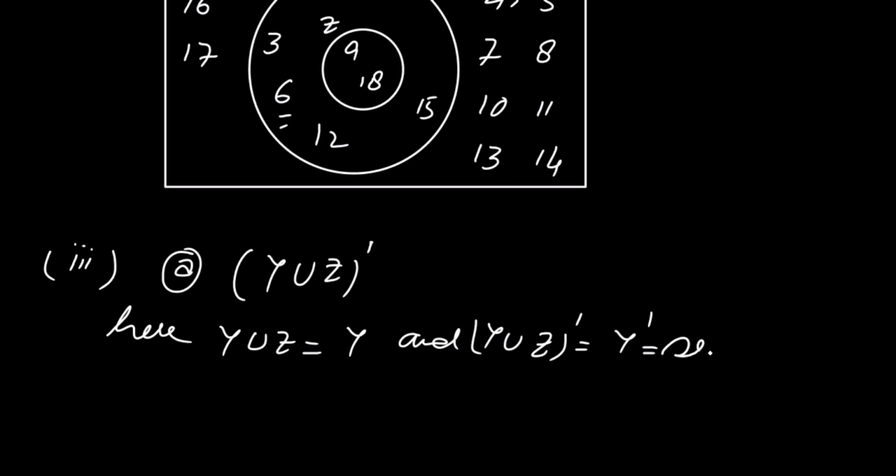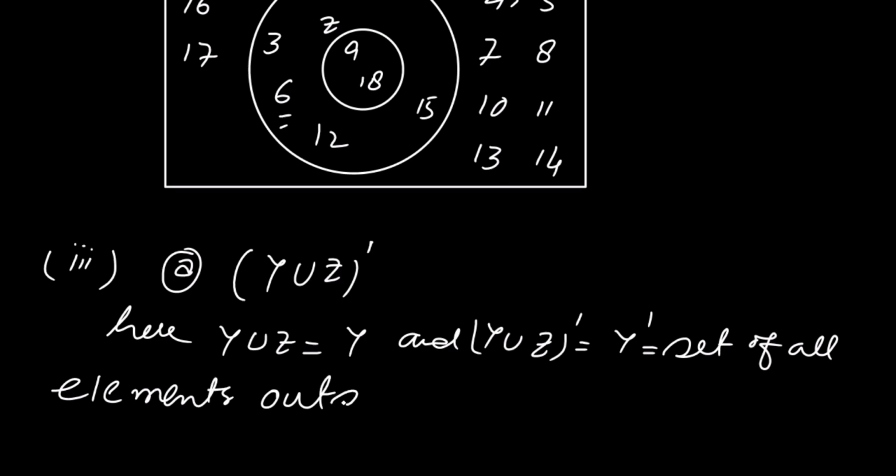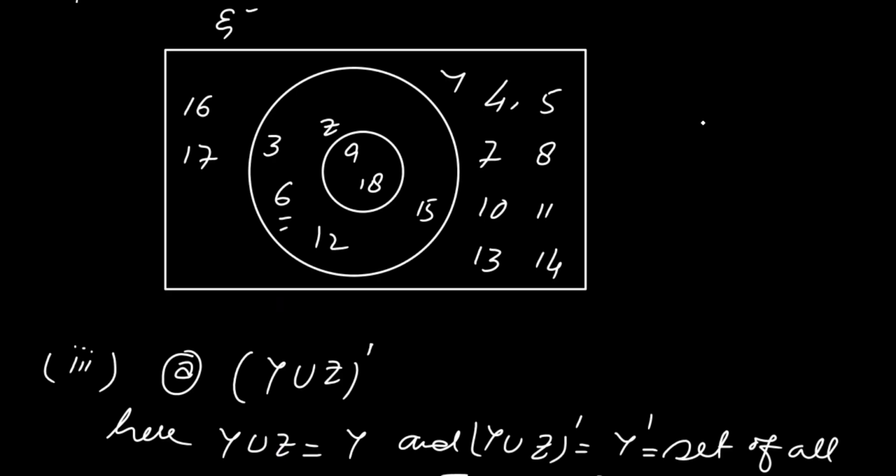This is the set of all elements outside the region Y. So the elements outside the region Y are actually the elements of this universal set that lie inside the rectangle.